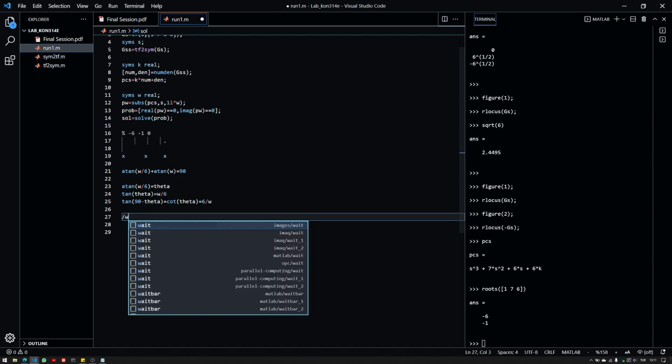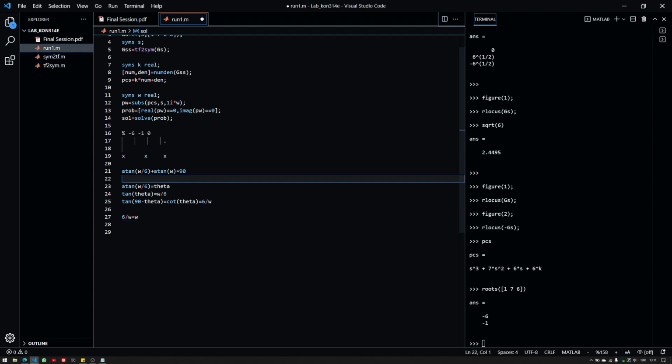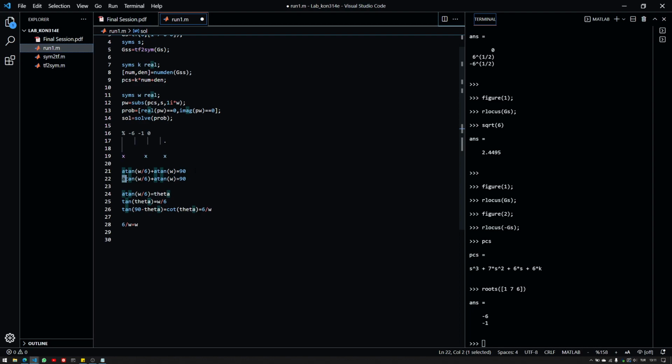6 divided by omega should be equal to omega, because we were looking for this, and we've used basically this here.